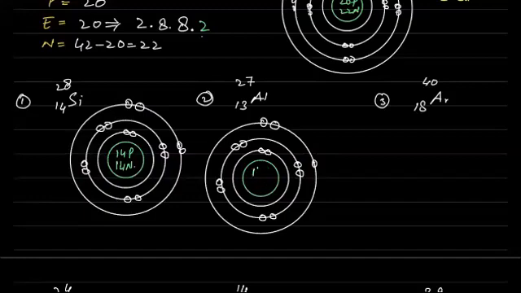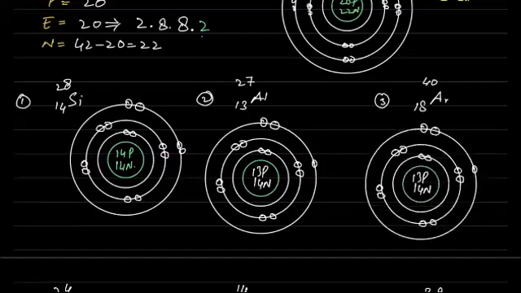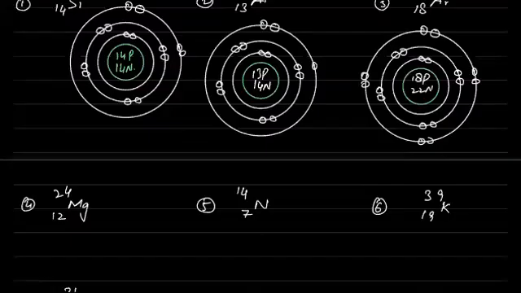So it's 13 protons and 14 neutrons. And argon contains 18 electrons and 18 protons, and the neutrons are 22. Its electronic configuration is 2, 8, and 8. This is the structure for argon.